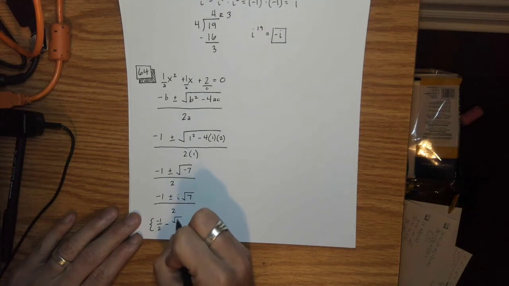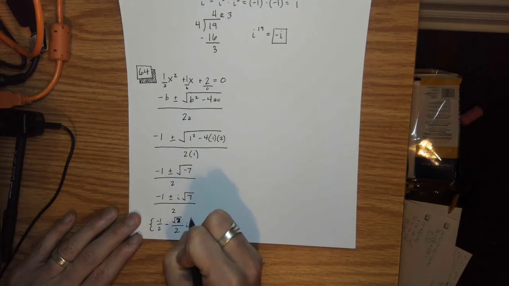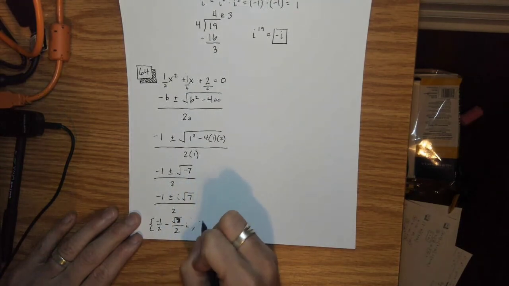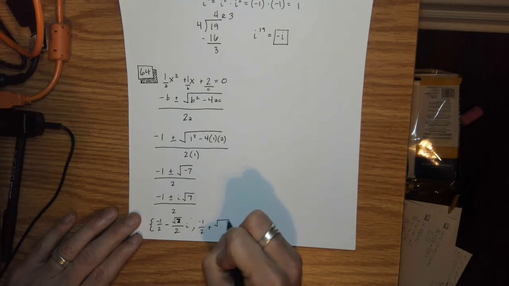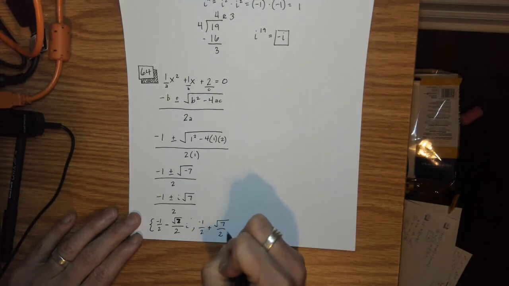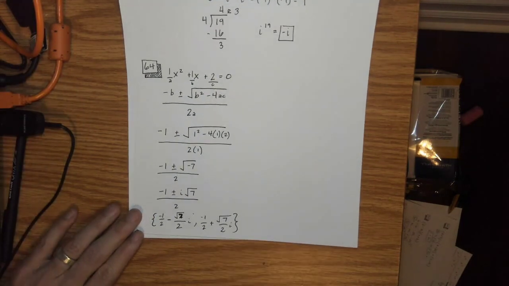Square root of 7, oh, square root of 7 over 2 there instead. Over 2, and then we can throw our i on the outside here. And so our other answer is negative 1 over 2 plus the square root of 7 over 2 i. So it's just both versions of this thing. Okay.